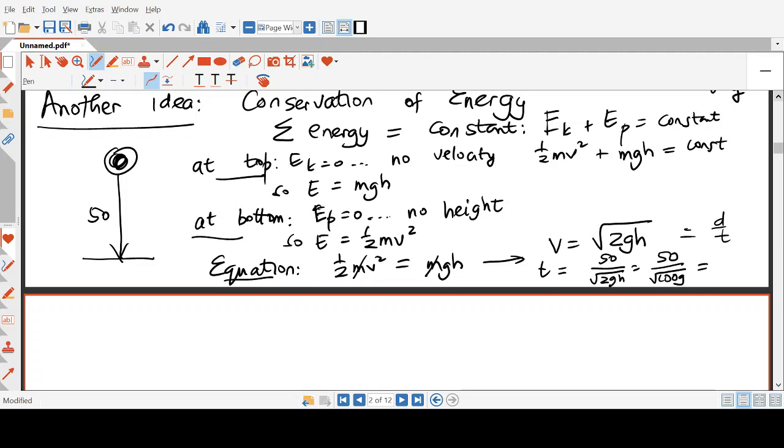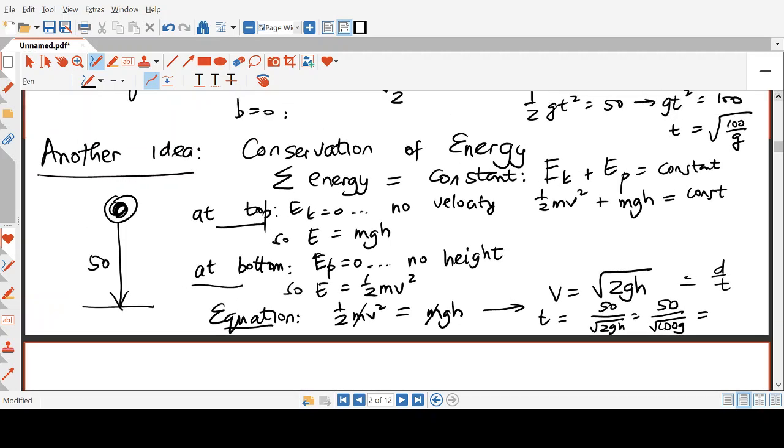Is this the same as the answer above? You check it out. Rationalize the denominator and you should get the same answer, unless there are any mistakes. Okay, so let's leave that.